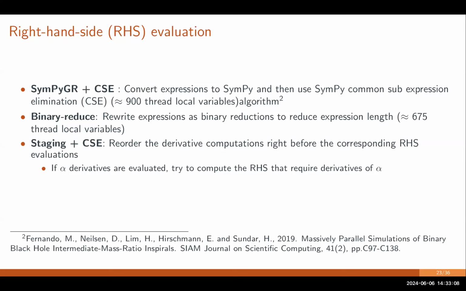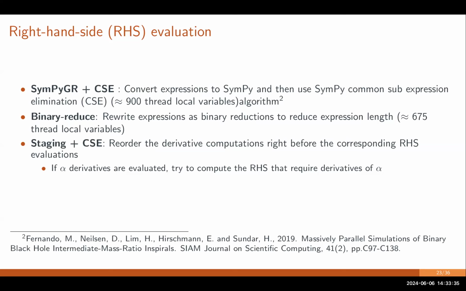For the right-hand side evaluation, we tried 3 strategies for the code generation. Earlier, in the previous works of Dendro-GR, we proposed SymPy-GR plus common sub-expression elimination, where we try to reduce the number of evaluations that we have to do.